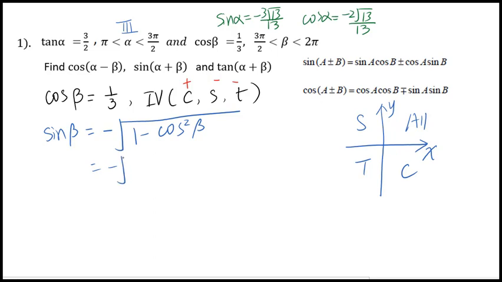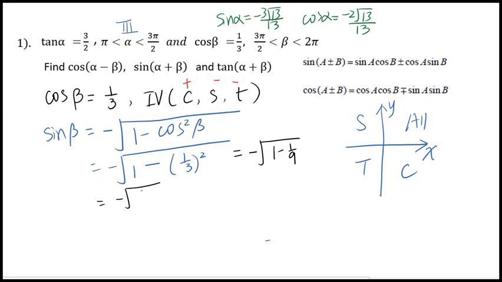So we plug in. You will get 1 minus 1/3 squared. It equals negative square root of 1 minus 1/9. So you get the negative square root of 8/9. Square root of 8 will be 2 square root of 2, over square root of 9 is 3. So you get -2 square root of 2 over 3 will be sine beta.